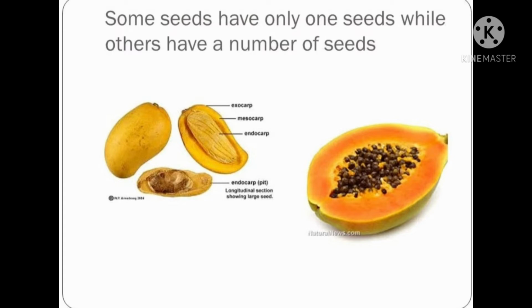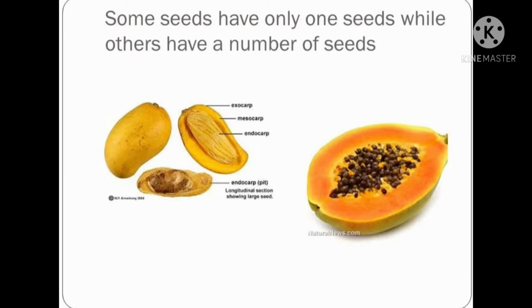Now let us learn about another important and a very interesting fact when it comes to seeds, that some seeds are present in single number while others are present in numerous numbers inside the fruit.